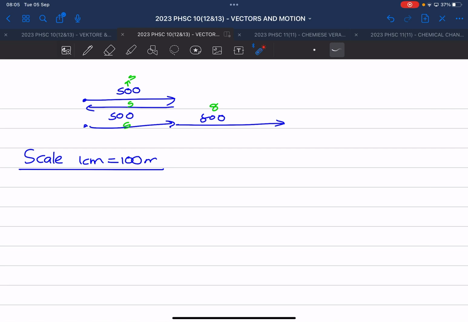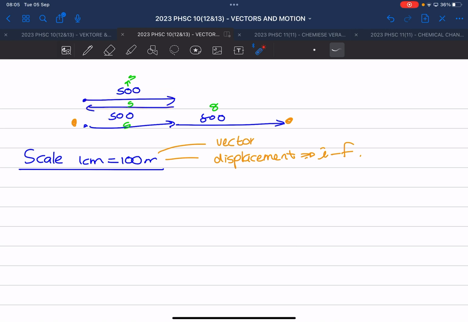Now, they asked for a vector diagram, and they asked for his displacement. Displacement is a direct line between his start and his finish. So he started there, he finished there. So is it necessary to show all of that?